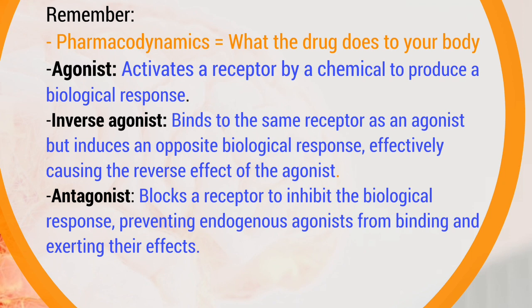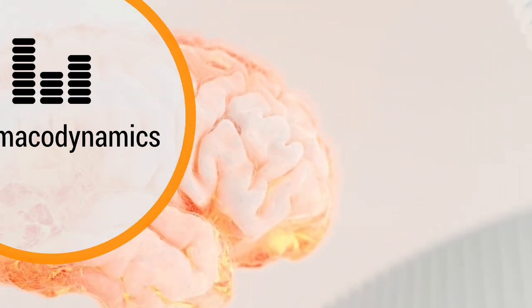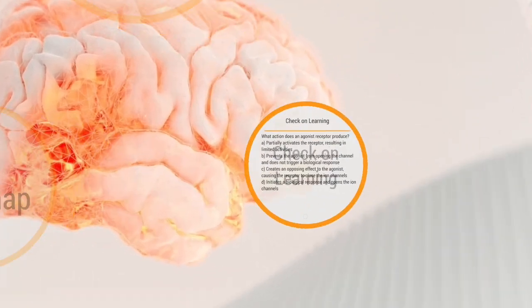And antagonism does nothing. It just inhibits the biological response, preventing the body's own endogenous agonists from binding and exerting their effects. Okay, important concept. Please know this concept by heart.